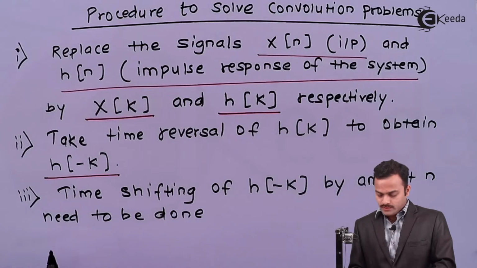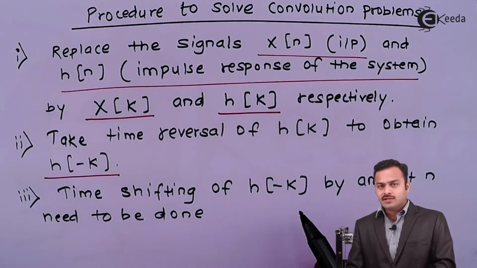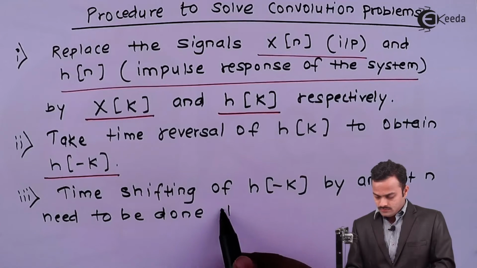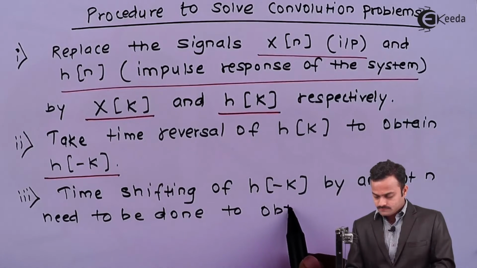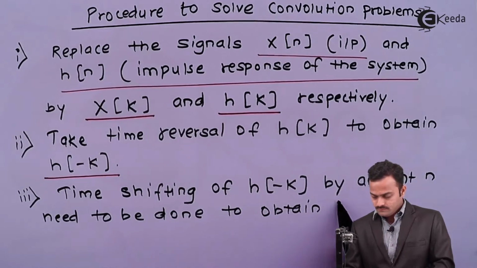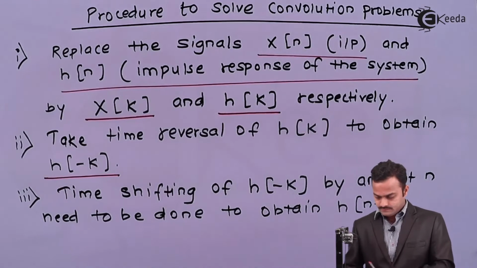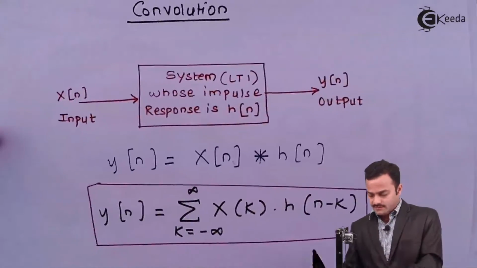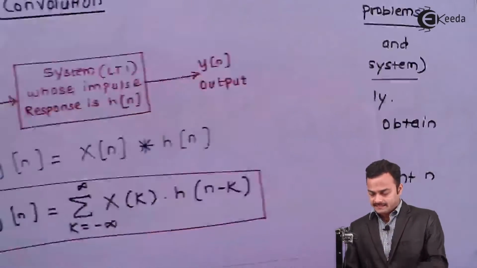So in step number 3, time shifting of h of minus k by amount n we will do to obtain h of n minus k. So we'll get our next term, h of n minus k.